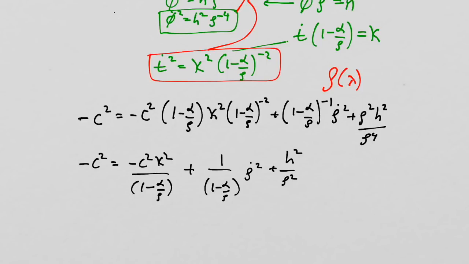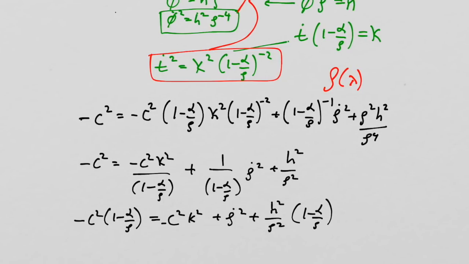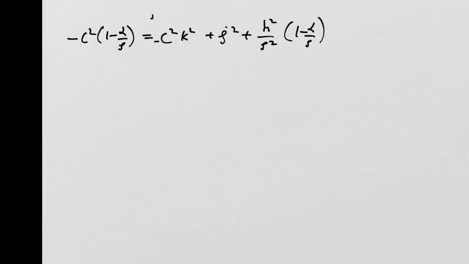And then we multiply by this denominator to clear it out. I'll get minus c squared times 1 minus alpha over rho equals minus c squared kappa squared plus rho dot squared plus h squared over rho squared, times 1 minus alpha over rho. Let me clean this up a bit before it messes me up.